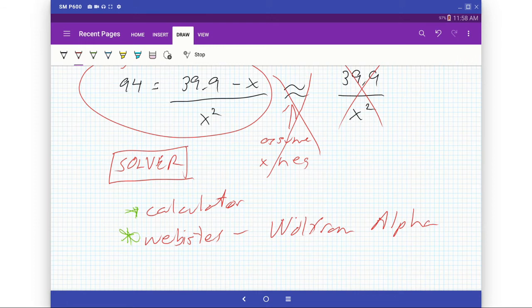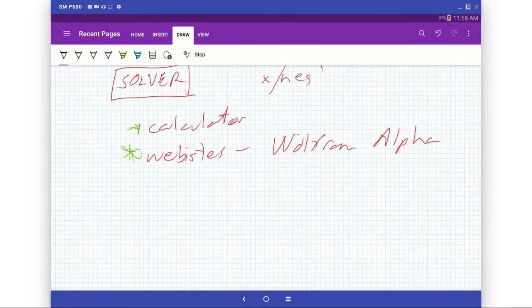it is infinitely better to get rid of anything in the denominator, to have everything on a single line. So that means we have 94x squared is equal to 39.9 minus x. Here you're never going to run into the problem, if x is really small, of the system crashing because it assumes that x is 0.